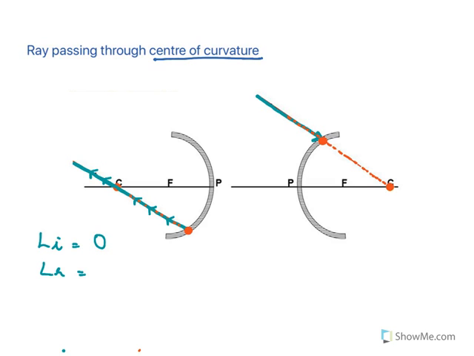So the ray is coming along the normal. After reflection, it will move along the same path. Here too, the angle of incidence is 0 and the angle of reflection is 0. In both these cases, the ray falls perpendicular. The ray is perpendicular to the mirror.